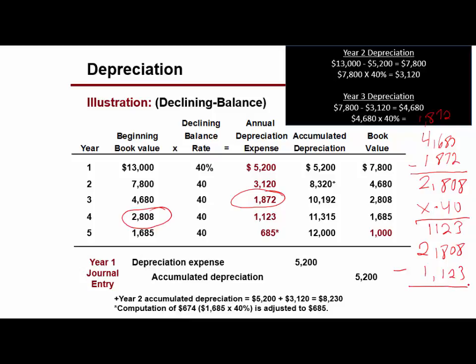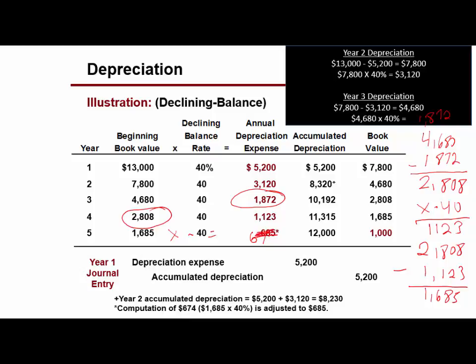That gives me what? 1685. I take that 1685 and I multiply that times 40% and I get what? No. Don't read the numbers off the table to me now. 1685 times 40% is what? 674, you say? 674.